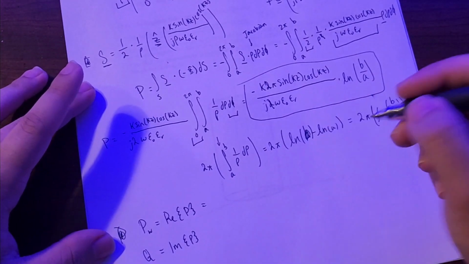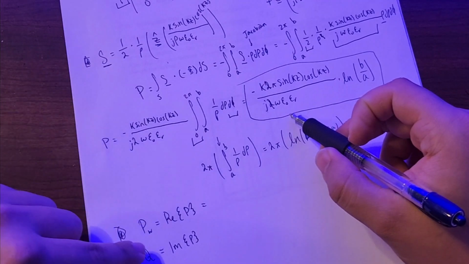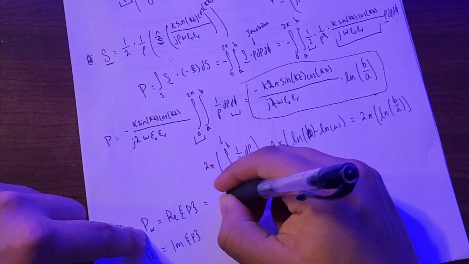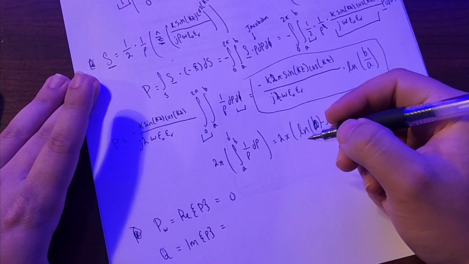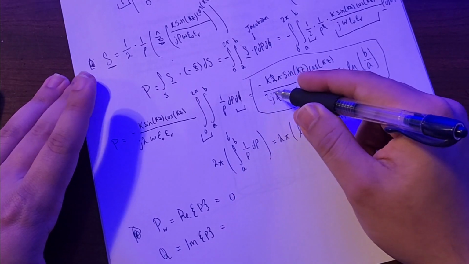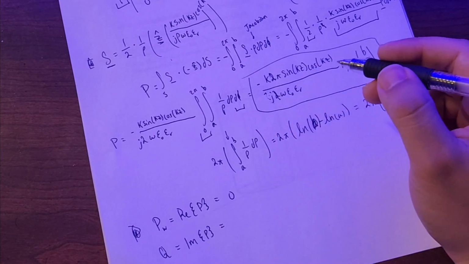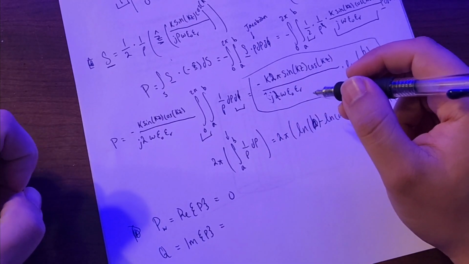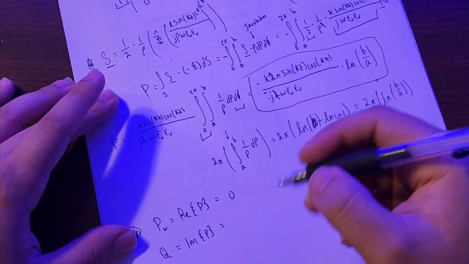So, now what do we know? Well, we would then know that the real portion is 0, and the imaginary portion is just this, without the j. That would mean we'd have to move this to the top. So let's move that to the top. We get rid of this negative, and there we go.